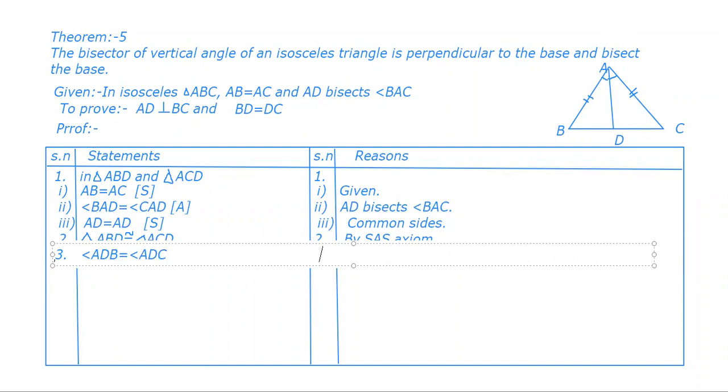Angle ADB and angle ADC are equal because corresponding angles of congruent triangles.